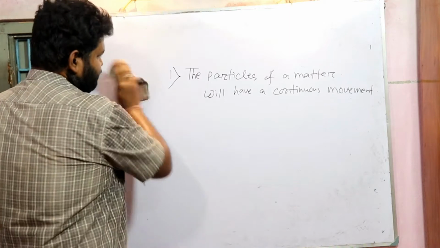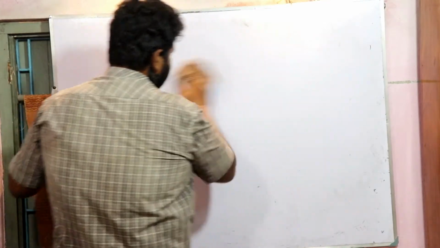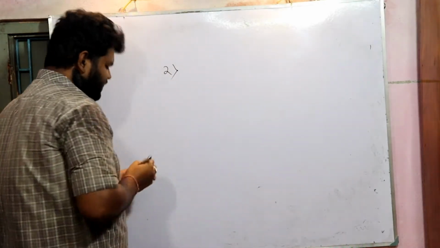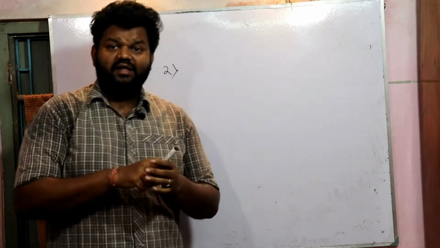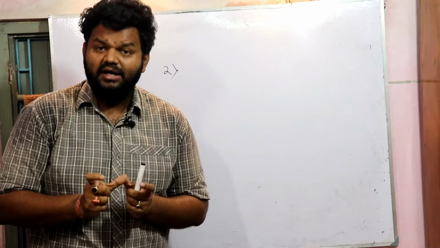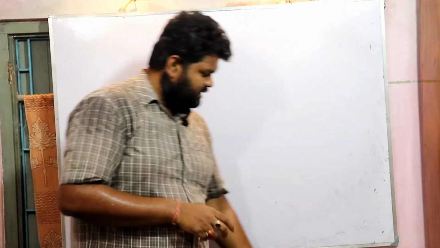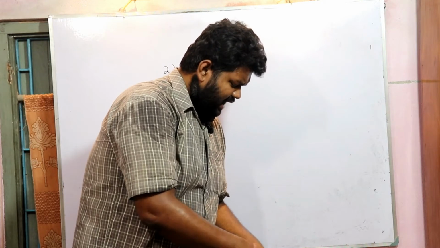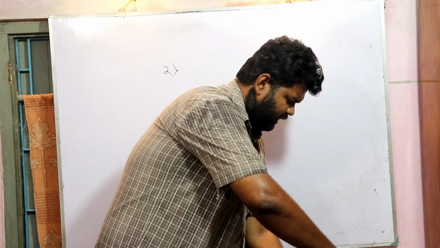Number 2, what was the second point? The second characteristic of matter is that there is some space in between the particles. What does it mean? Suppose we are taking another glass of water.